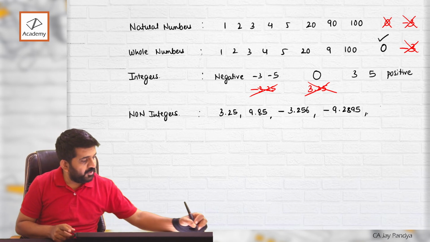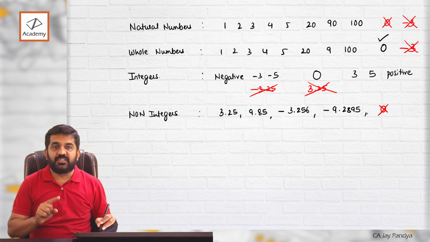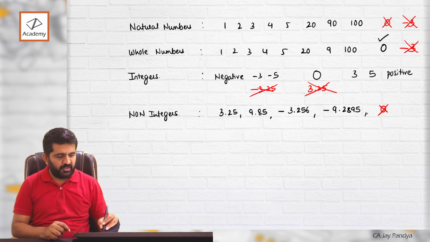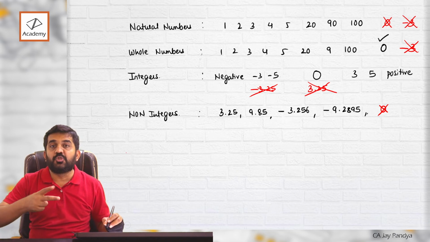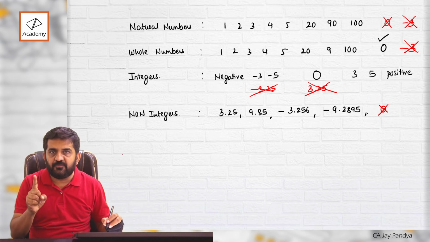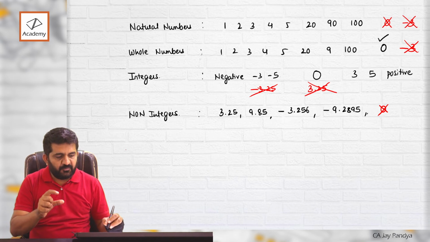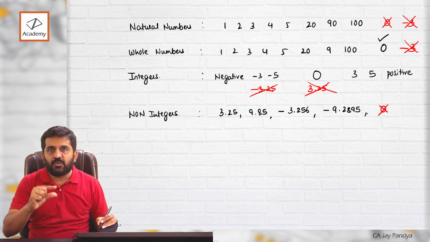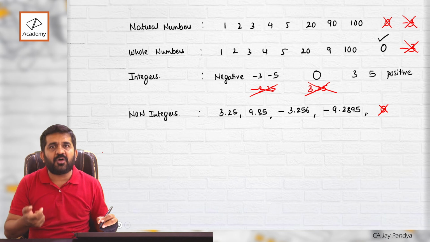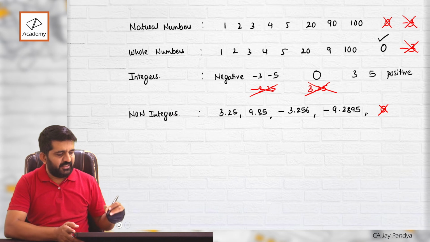Is 0 a non-integer? No. Right, 0 is an integer. It is not a non-integer. So integers and non-integers are mutually exclusive. A thing which is an integer cannot be a non-integer. A thing which is a non-integer cannot be an integer. So 0 is an integer.